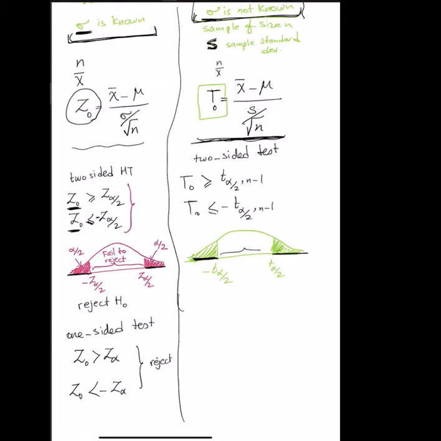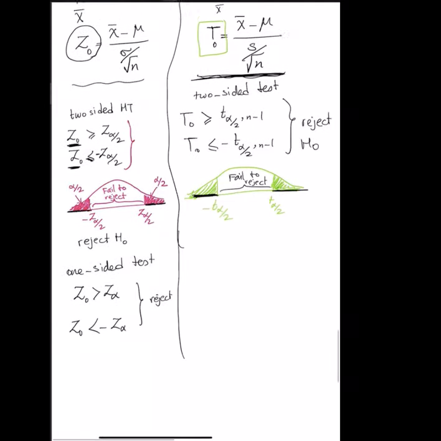If it's not, I fail to reject. So if these conditions hold, we reject the null hypothesis.